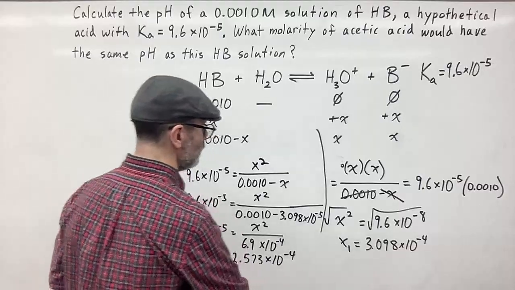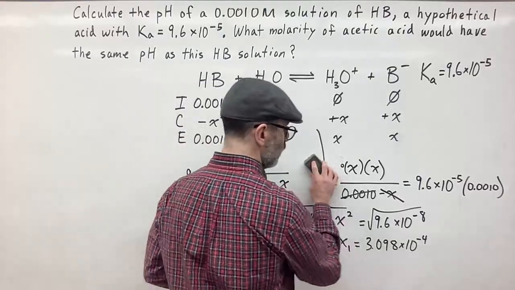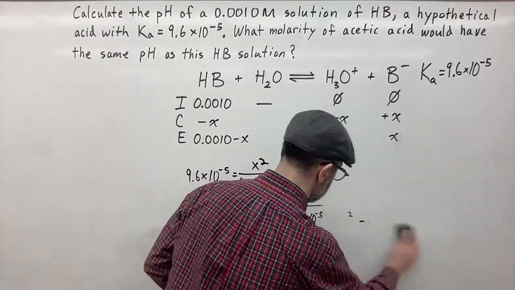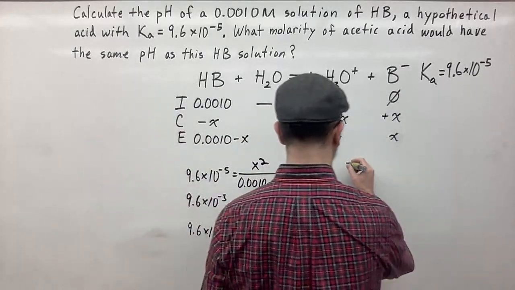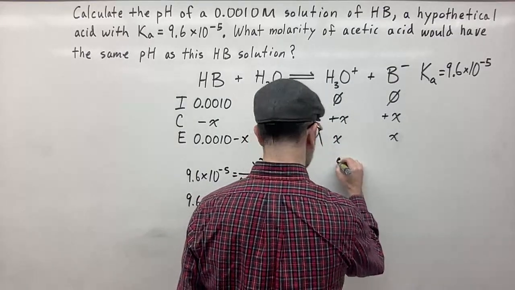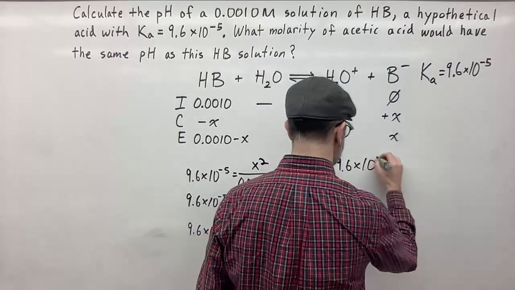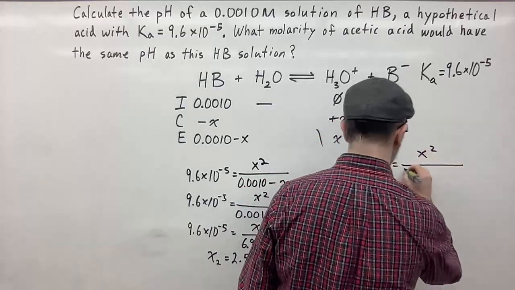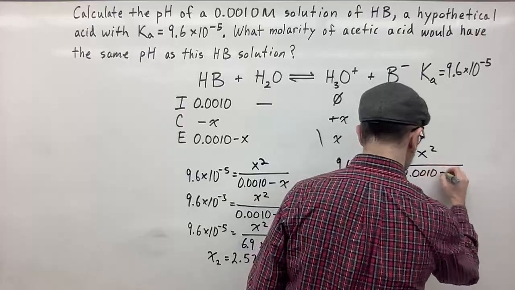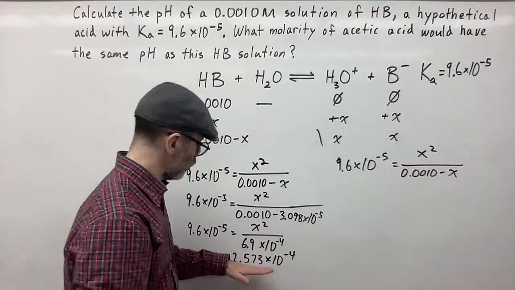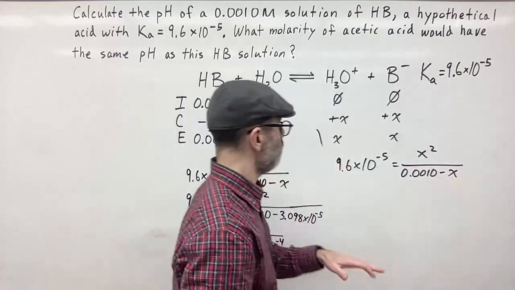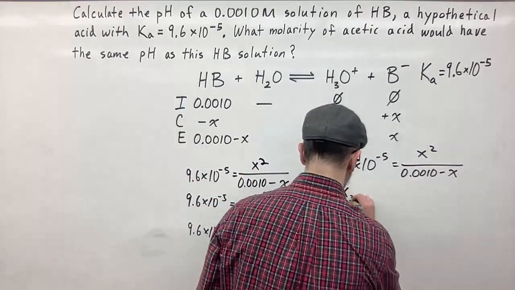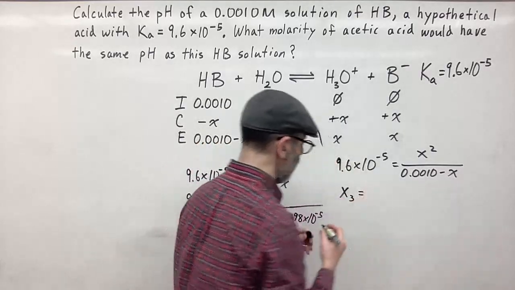Let's do this again. For the third iteration, let me erase this so I can repeat. 9.6 times 10 to the negative 5 is equal to x squared over 0.0010 minus x. I'm going to plug this in here and repeat the process, and that's going to be my third iteration.